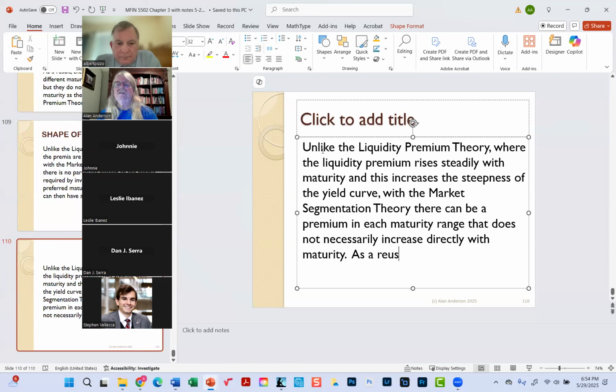As a result, the yield curve can have any shape.